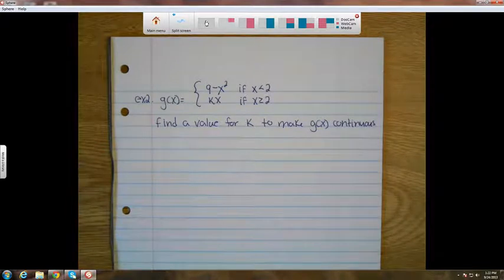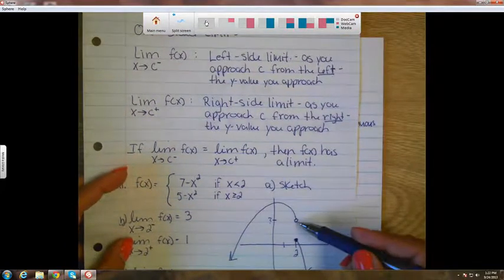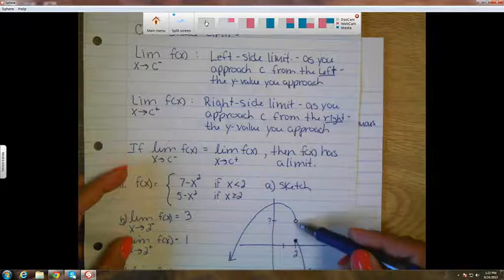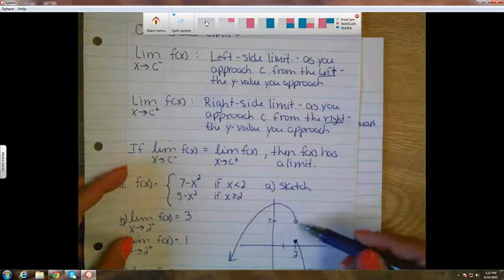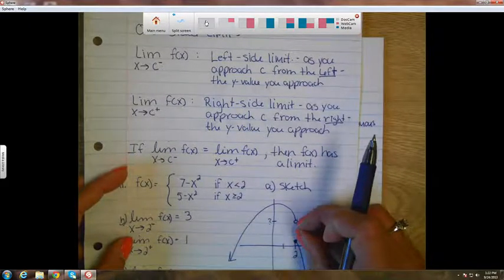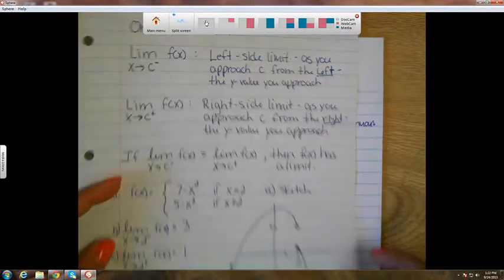Okay, this isn't difficult if you think about it, because with a piecewise graph, the reason why it's not continuous is because the two y values are separate from each other. They're at two different spots. You need to find the value that will make it have the same y value. That's your goal.